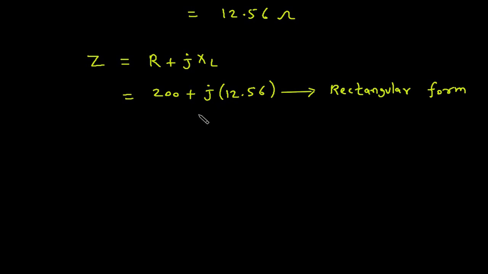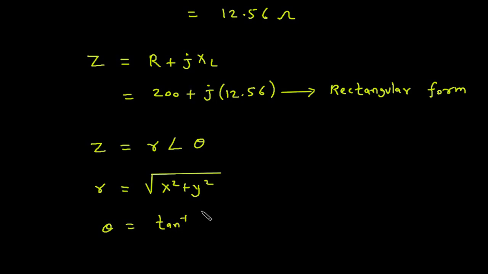Now to convert this into polar form, we have to find the value of Z is equal to R at an angle of theta. So R is equal to under root of x square plus y square, and theta is equal to tan inverse of y by x. Now here we can see x is 200 and y is 12.56.